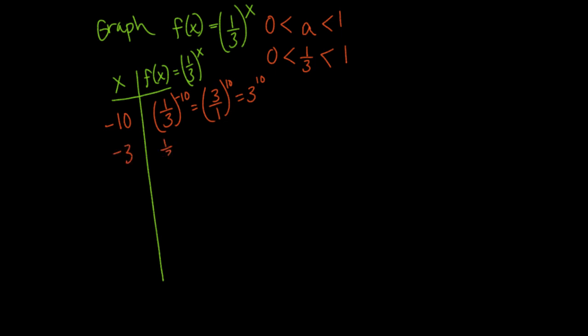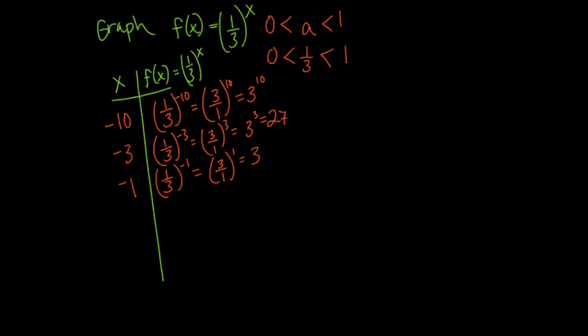That's 1/3 to the -3, which is equivalent to 3 over 1 to the 3rd, which is 3 to the 3rd, which is 27. Continuing on, let's do -1. 1/3 to the -1, that switches the quotient. It becomes the reciprocal, so that's 3 over 1 to the +1, or just 3.